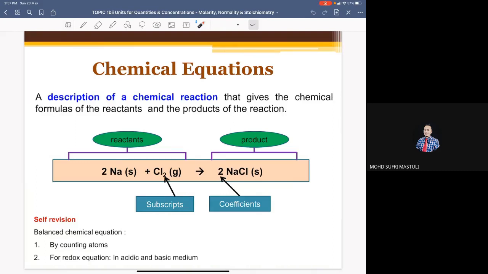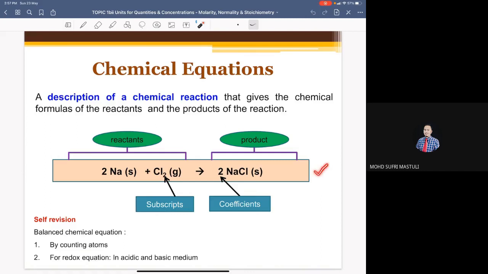When we talk about stoichiometries, it is quite related to the chemical equation. What is a chemical equation? A chemical equation describes the chemical reaction, giving the chemical formulas of the reactants and also the chemical formulas of the products. It's shown on this slide.